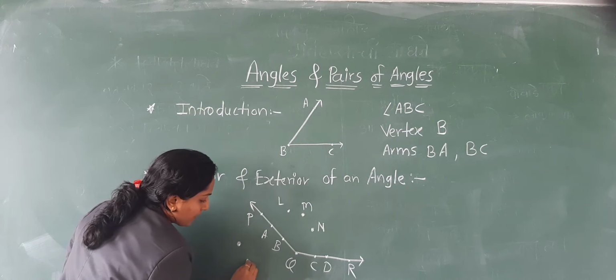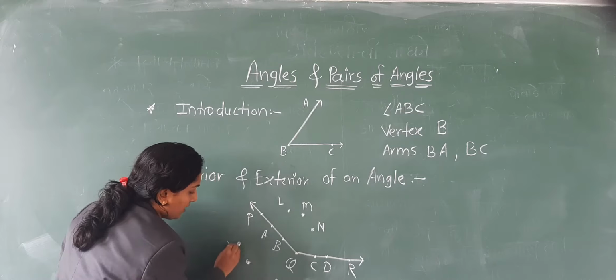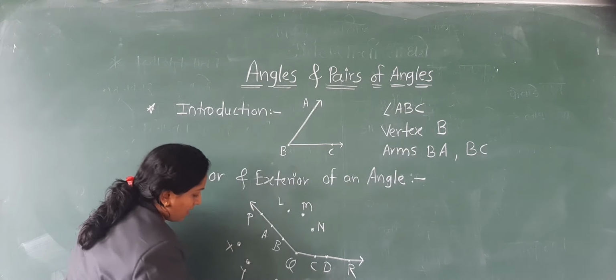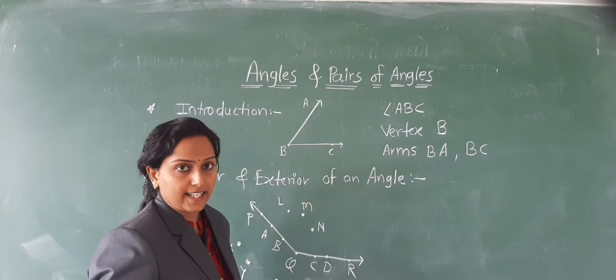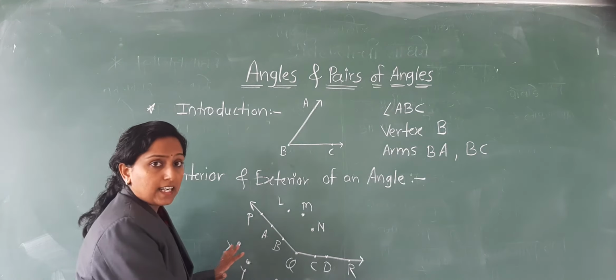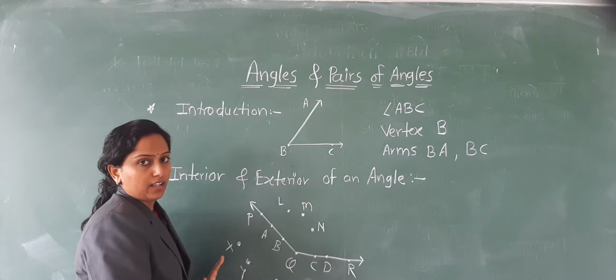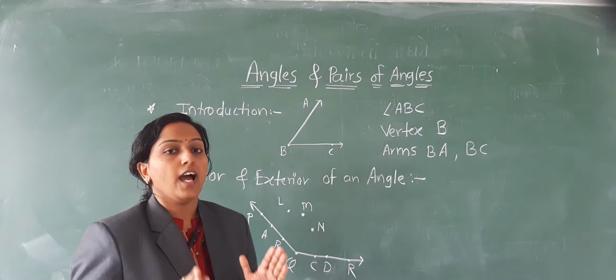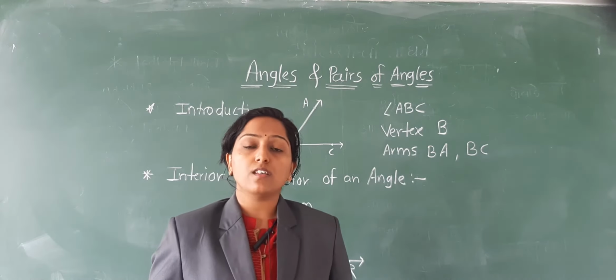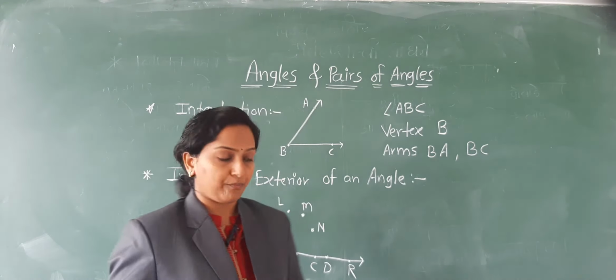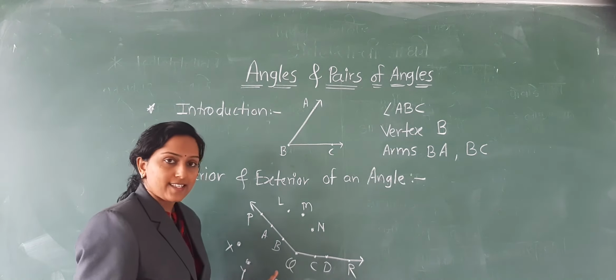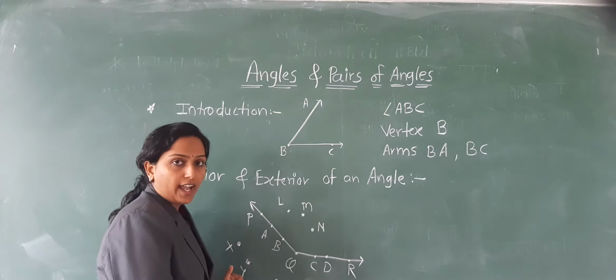Suppose I will take some points here, named X, Y, Z. These points lie outside the angle, not actually outside, I am using the word outside for understanding purposes only. Points X, Y, Z lie outside of the angle.